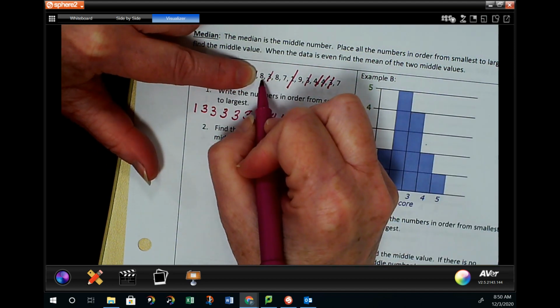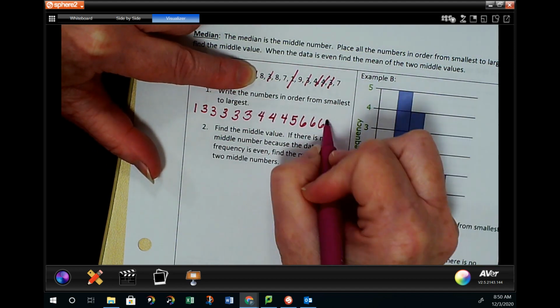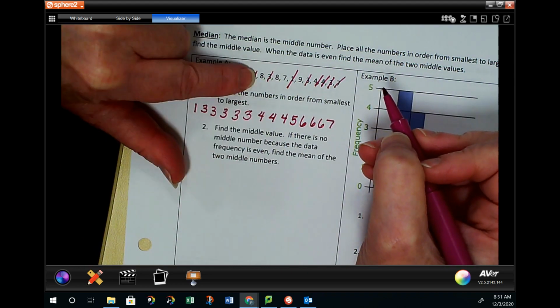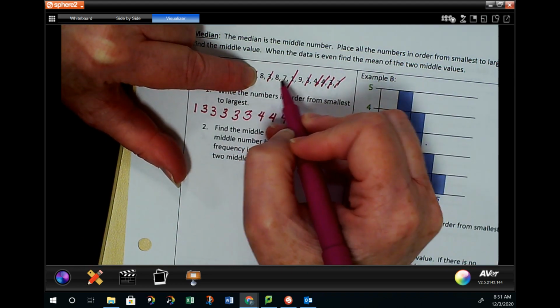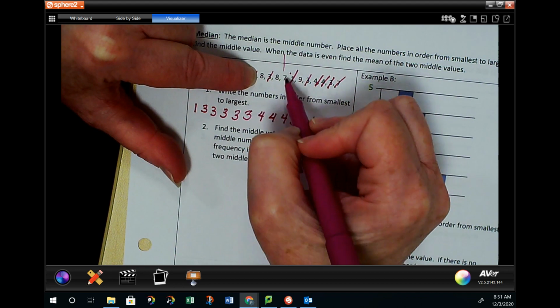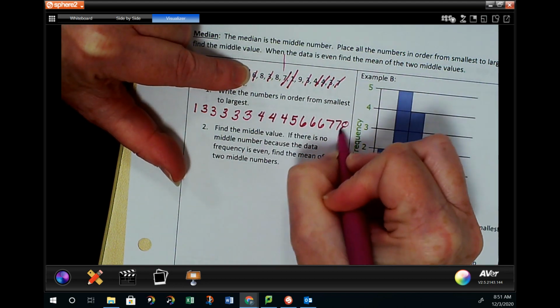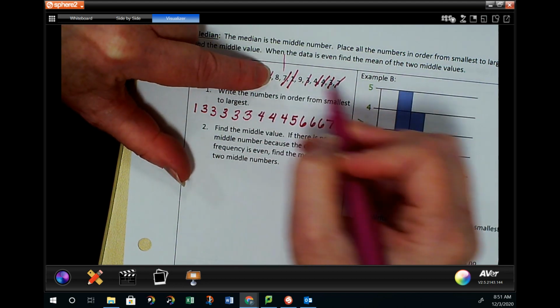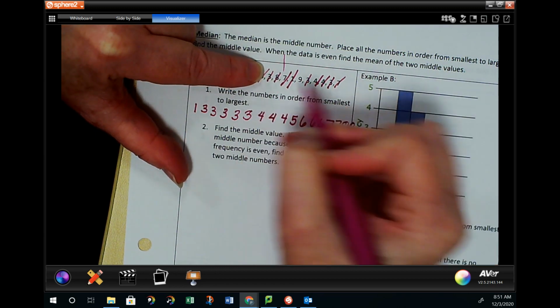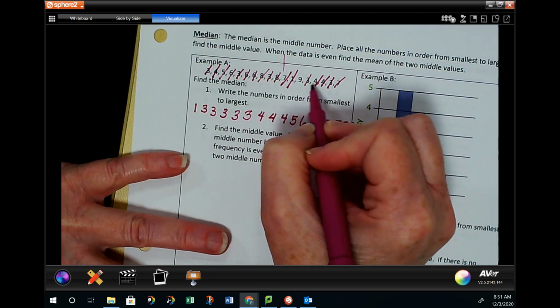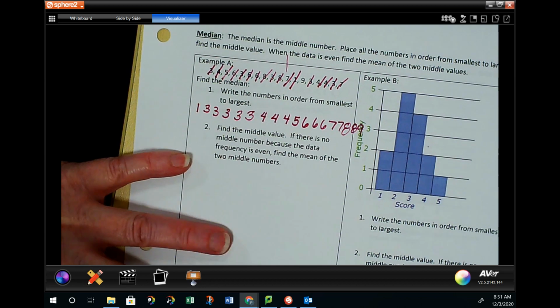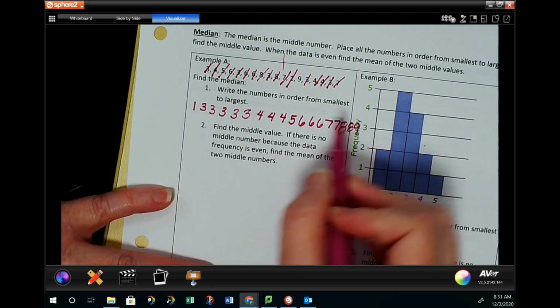And then you list 7. I think there's only one 7. Oh no, there's 2 7s. And then you have an 8, and you have another 8. And then you're just left with a 9. Okay, so I listed all of my numbers.